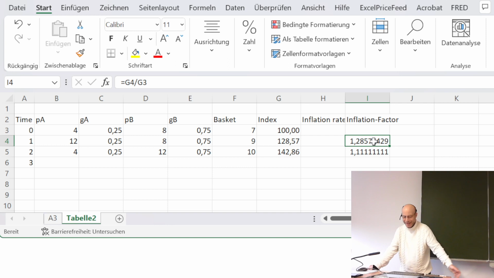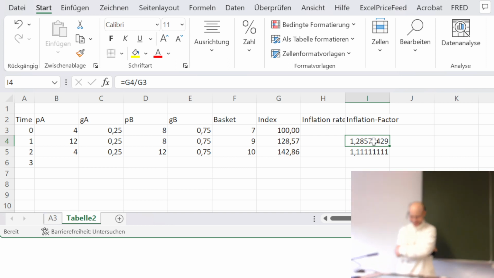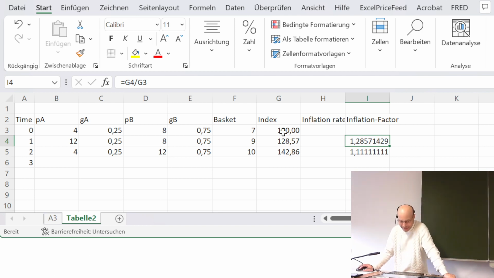Then we are at 128. So if you look just at the numbers, you're coming from 100 to 128. What is then the growth rate? You can do this just in your head, I think. 28, yes. And how do we get from 1.28 the 28?